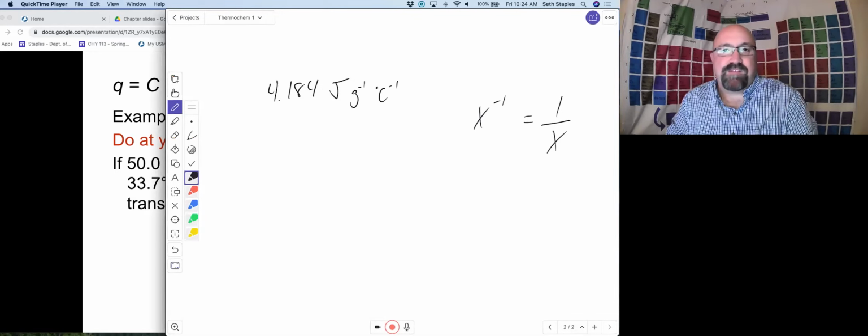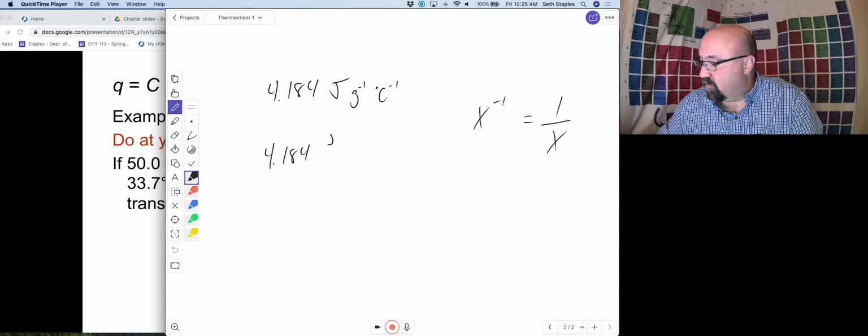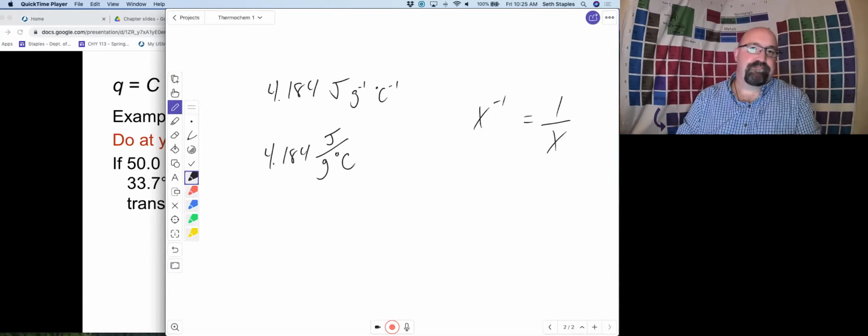You might see units written like this sometimes in chemistry and in science. So 4.184 joules gram -1 degree C -1 just means 4.184, and our units are joules, and gram to the -1 just puts gram down here, and degree C. So that's all that means.